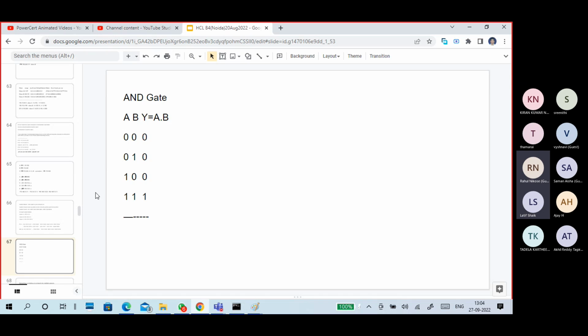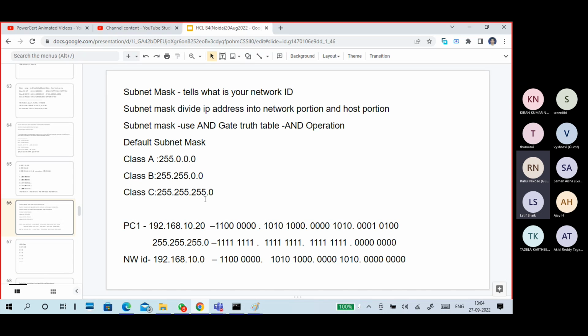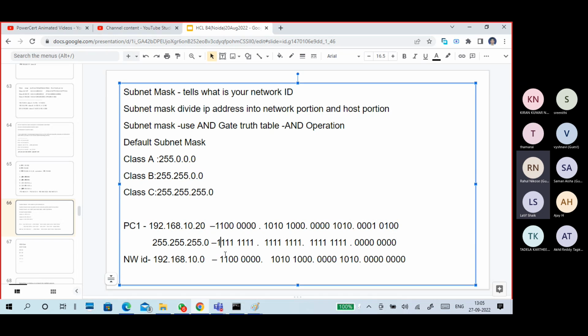So here, if both bits are high and the output is high, that's a simple 1 1 1. 1 0, or 0 1, or 0 0, it is a 0. Same goes on. So always we will verify like 1 1 1, 1 1 1, 0 1 0, 0 1 0. Like this we'll do it.